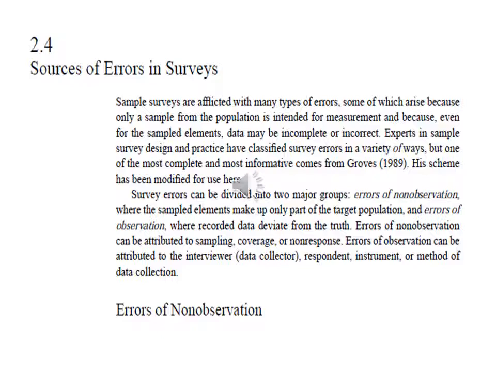There are errors of non-observation and errors of observation. You must know very closely the meaning of error of observation and error of non-observation. You can find the details in your reference, and you must read these details very closely.